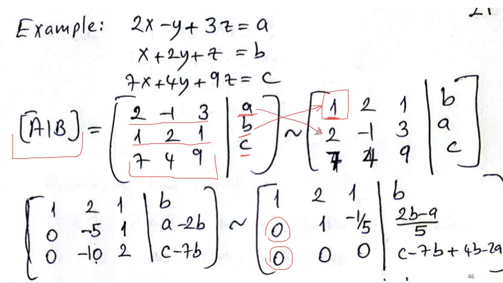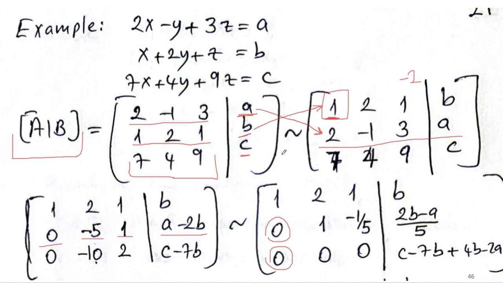So we interchange these locations, and don't forget to also change the right hand sides. Now you can multiply the first row by, let's say, -2 and add to the second row. That gives you 0 here. This becomes 0, and then this becomes -5, 1, and a minus 2 times b.